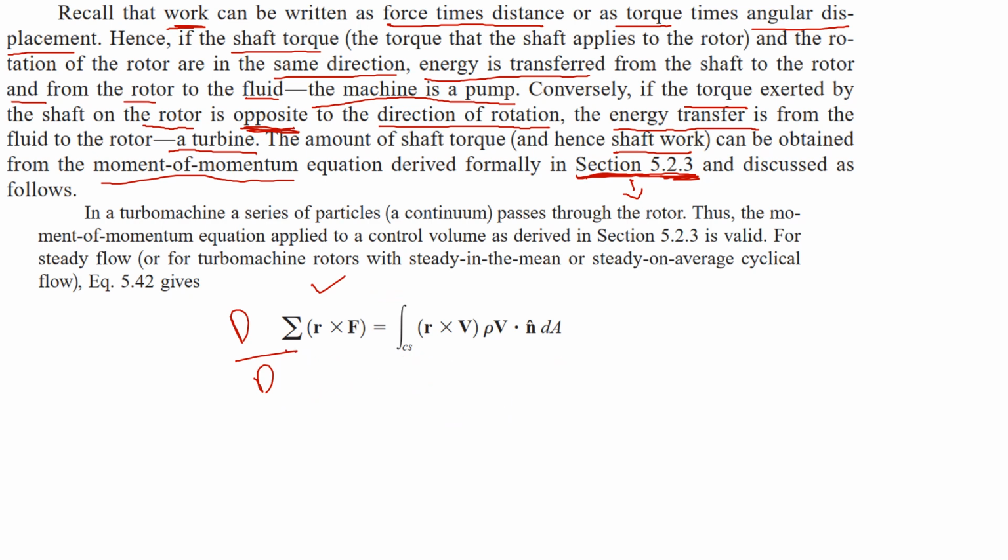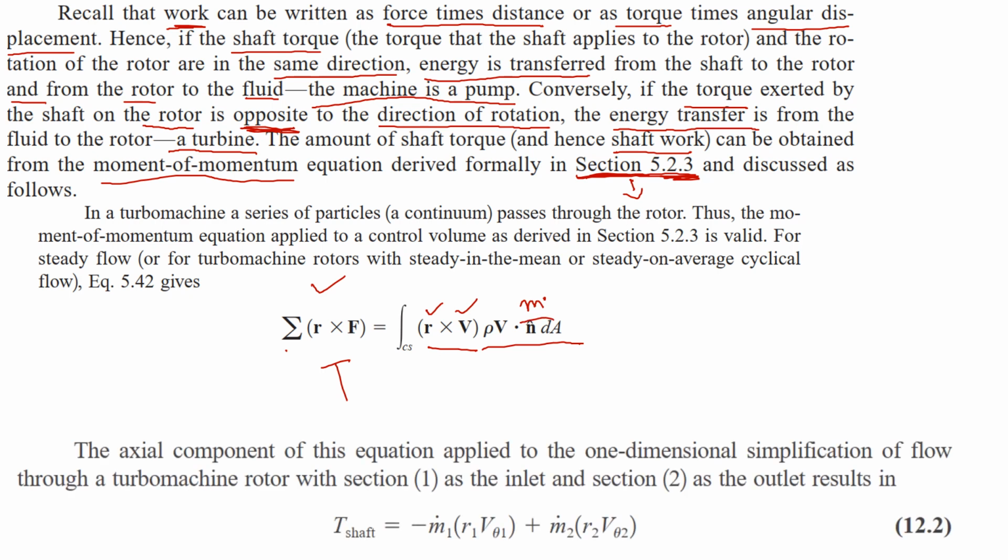If we simplify it further, then on the left hand side we will get the torque, and on the right hand side we will have this term, that is the radius and the velocity involved in this case, and rho VA comes out to be the mass flow rate. Here the component of velocity that we are going to take is the tangential component.